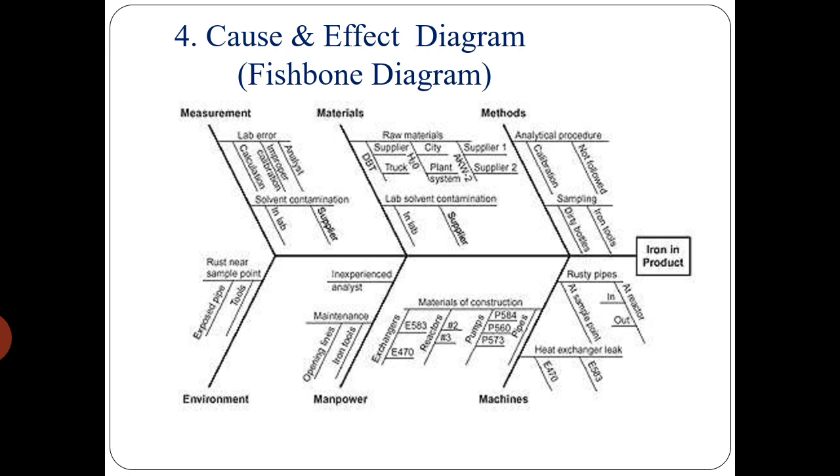If anything happens or we are facing some problems, we need to find out the cause, finally the root cause of the problems. So if it is a method, where are we not using the proper methods, which method is not appropriate. If machines, which machine is not working well, in the machine which part is not working well.